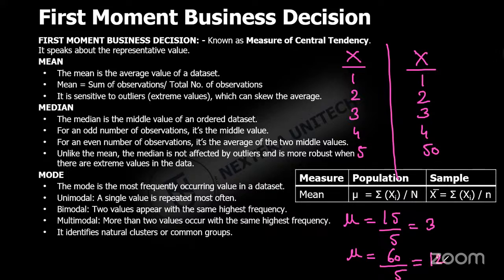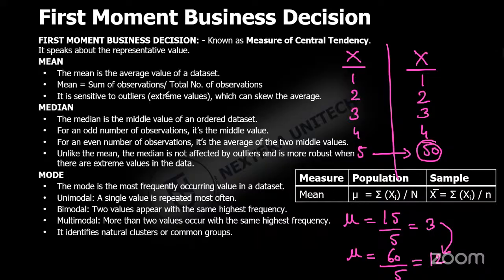No, it became 12. The original value should be 3. Just one value got changed, because of this what happened? It is affecting the mean value. The average value is getting affected. Because of what? Because of an outlier. So I can clearly understand that if there are outliers in the data, the mean value gets affected.